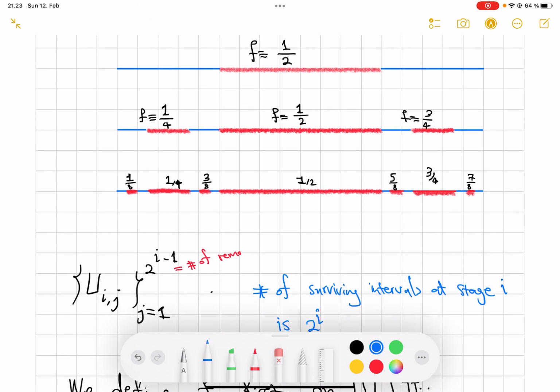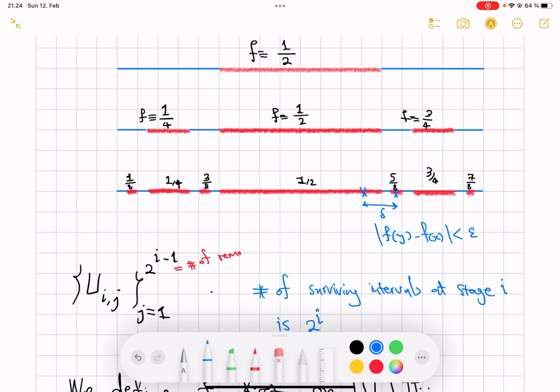For example, you want to say that if you pick one value here and one value here, and these are pretty close to each other, then f of y minus f of x is less than epsilon, no matter where x and y are located. And that can be done by a case-by-case study.